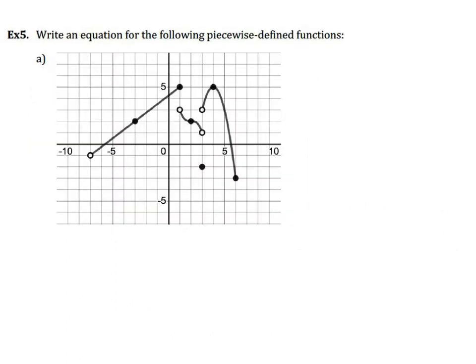Okay, moving on to number 5. It says write an equation for the following piecewise function. So again, if you are a color person or you're visual, I would be highlighting each of these sections and just making the different pieces in your piecewise function. So I'm going to have, oops, that's kind of a funny thing right there.